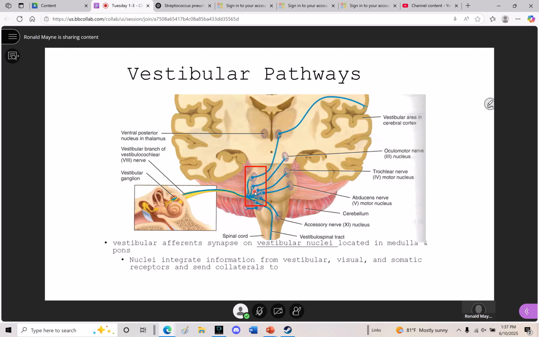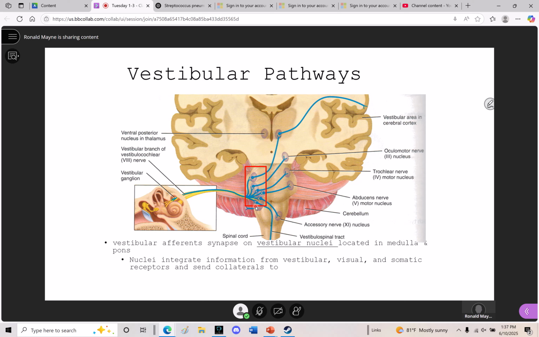For the static equilibrium, the one that involves the vestibule, the utricle and saccule, the only vestibular nuclei involved will be medial, lateral, and inferior. Superior is not involved.